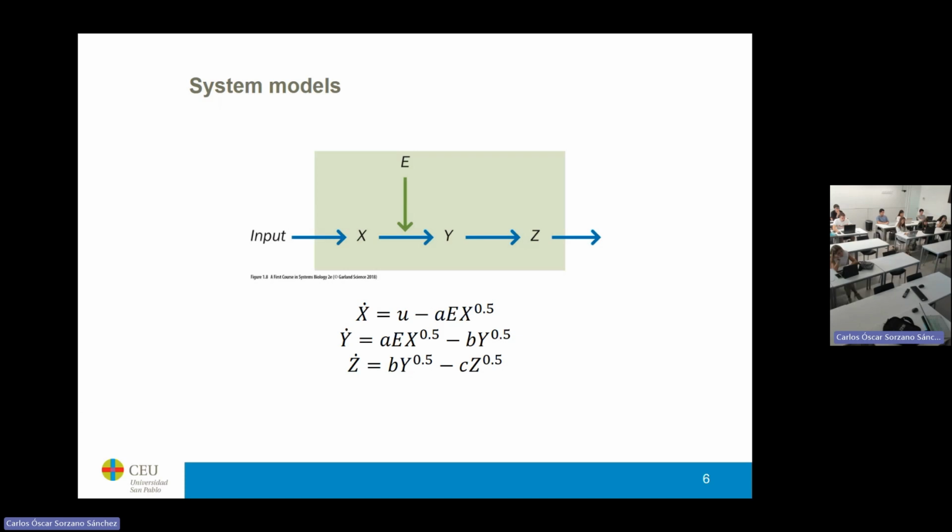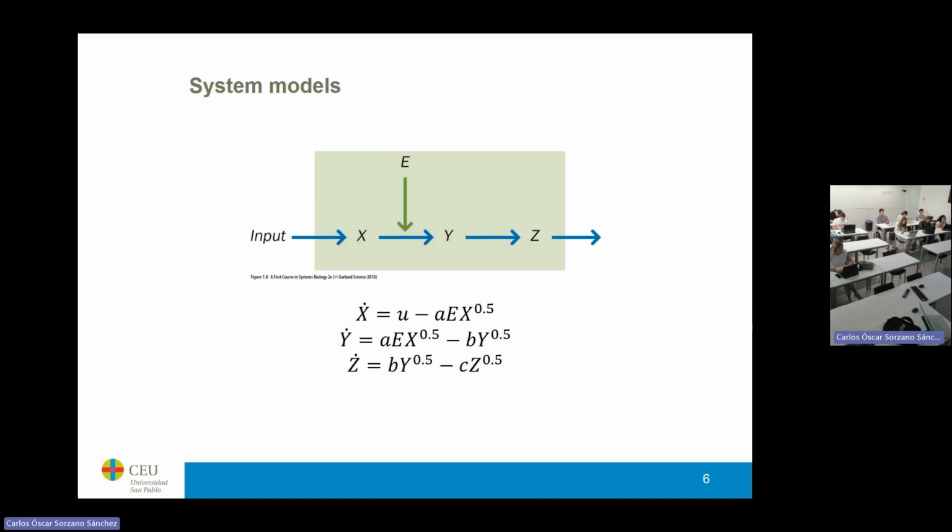I will write it only for a couple of them. So we have X derivative, and it is equal to, I will not skip the input, so minus A E X^0.5. We'll write only the first two.